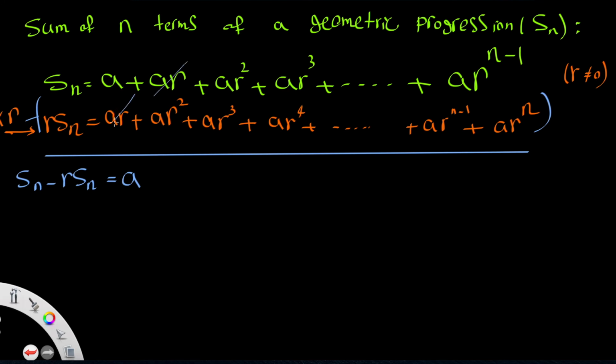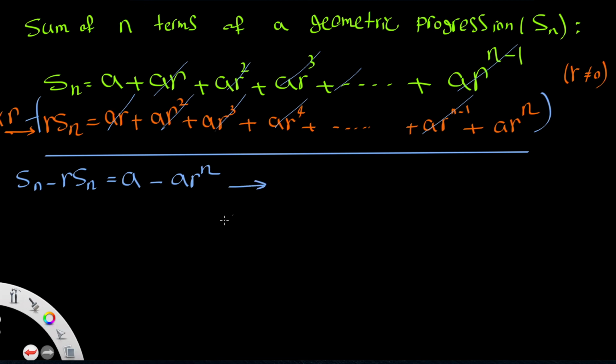But AR minus AR cancel out, these two cancel out each other, and likewise here, then these two terms. So what we have left is A minus AR to the power of n.